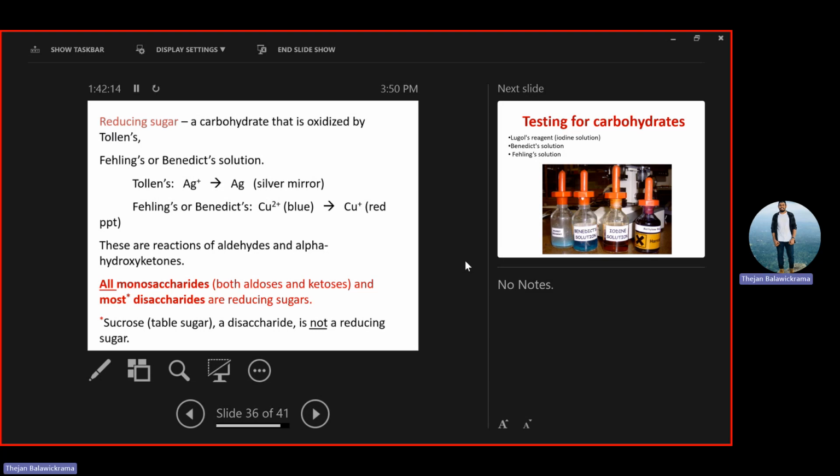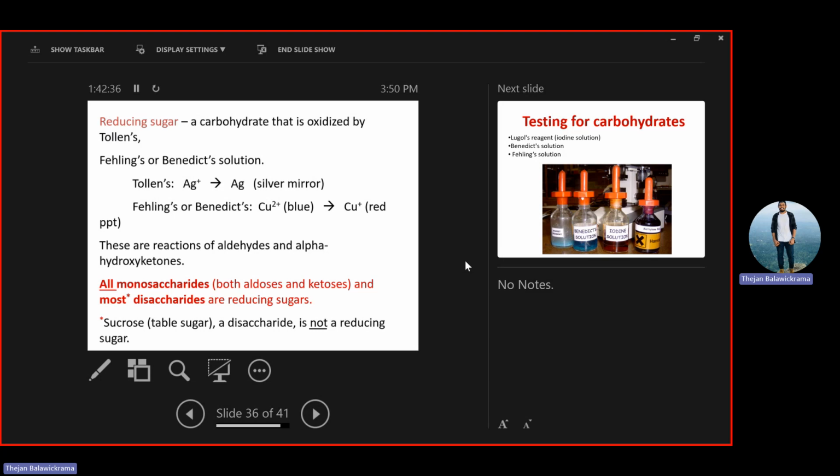What is happening during the test? We can identify that during the test, Ag+ is becoming Ag, silver, which is a metal.